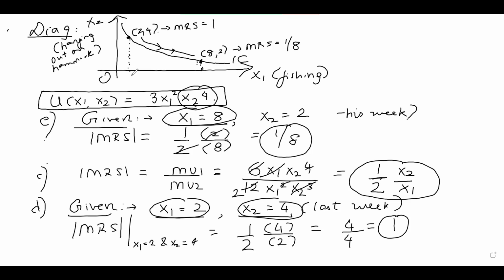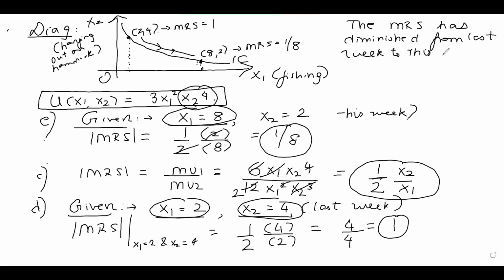So I can say that the MRS has diminished from last week to this week because Donald has moved down his indifference curve. Donald has moved down his indifference curve.